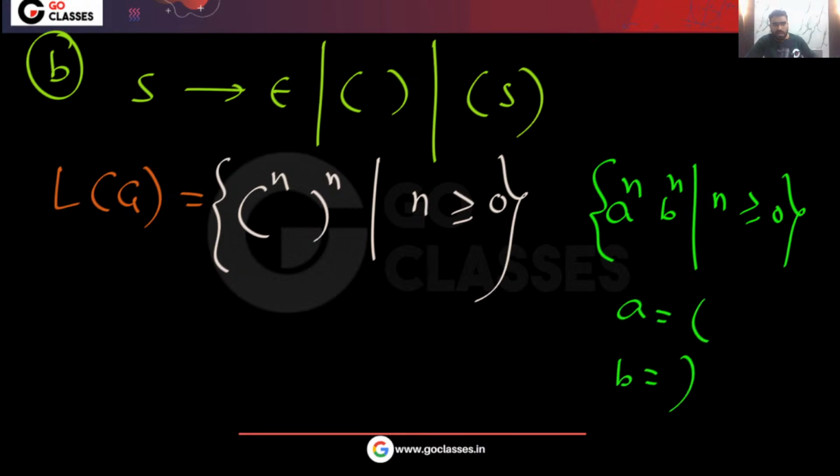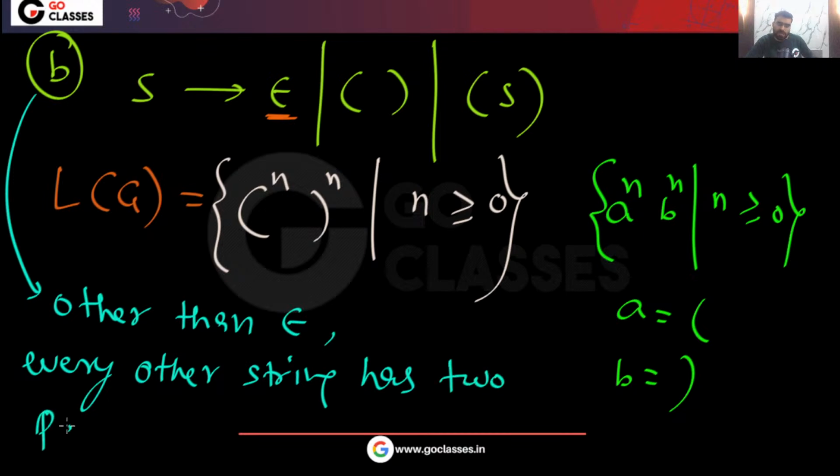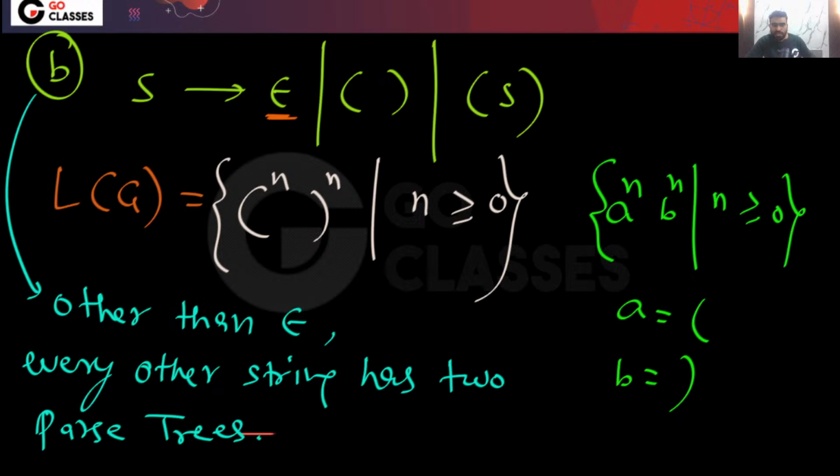And here, other than the empty string, every string is ambiguously derived. In this grammar you can see that other than the empty string, every other string is ambiguously derived. Every other string has two parse trees.